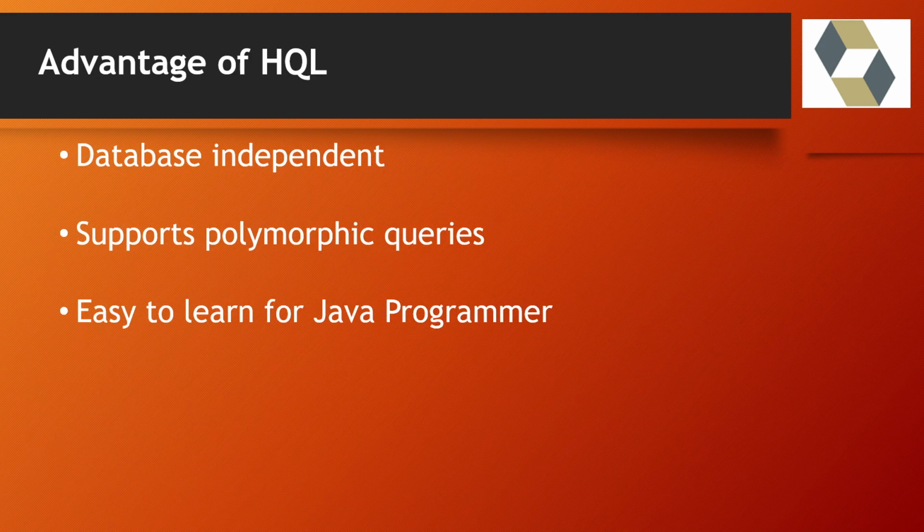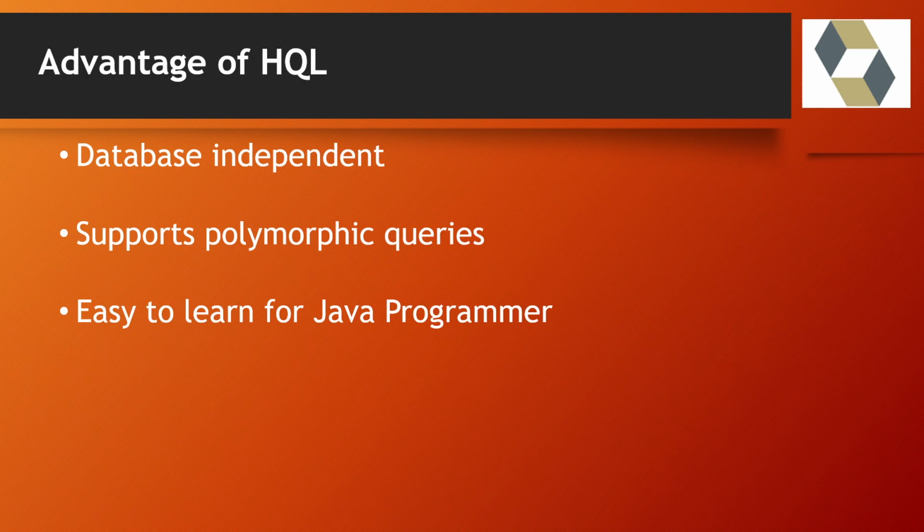Database independent, supports polymorphic queries, and easy to learn for Java programmers. Is it not? Why? Because it is written in the form of what? The programming. So we are dealing with the properties and methods. So we can write polymorphic queries. It supports polymorphic queries.